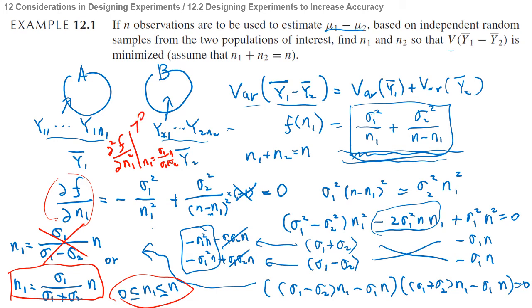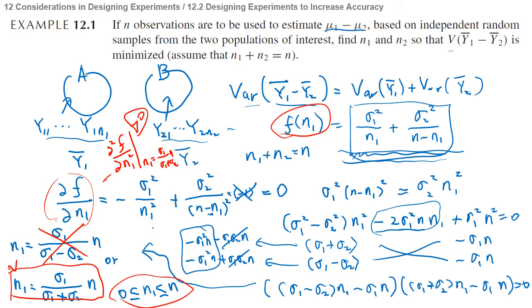That's how you show that this function is minimized at this n1.